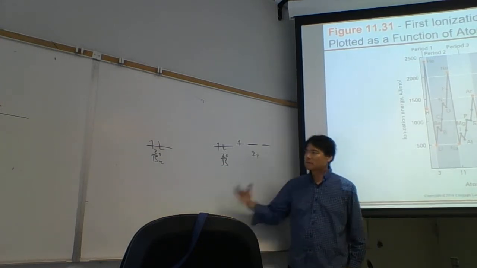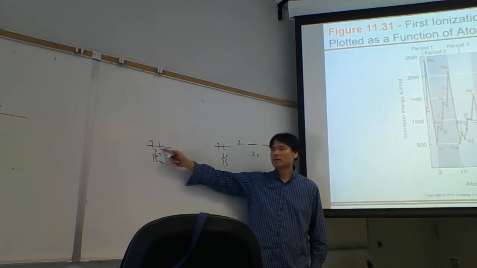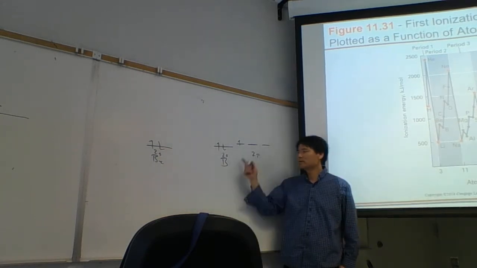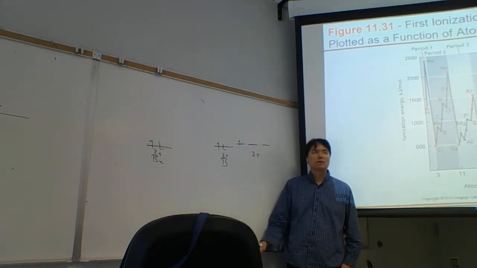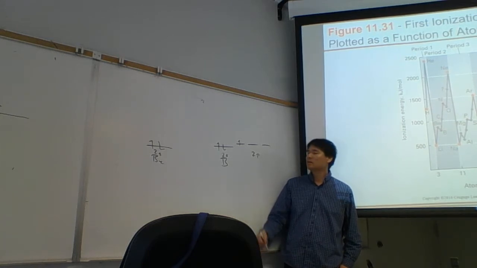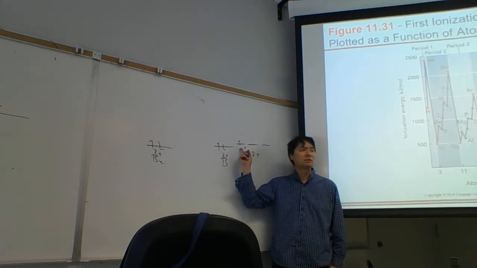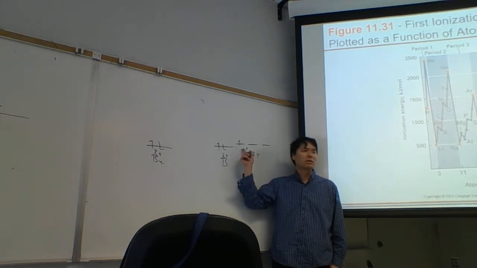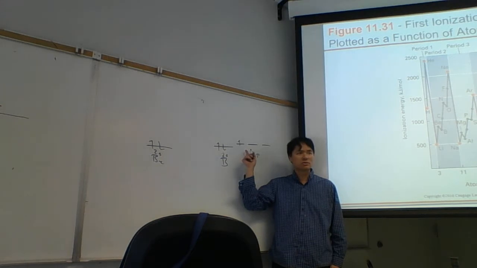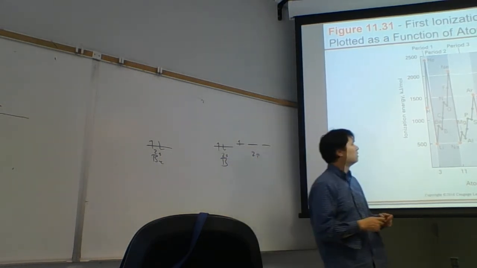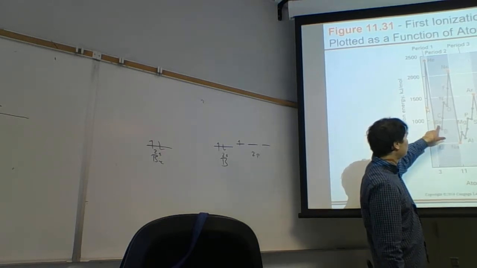So if an oxidizer comes along, it's going to pluck one of these 2s electrons off beryllium. But if an oxidizer comes along here, which one of these will be the easiest to remove? Well, on the one hand, this one because of pairing energy. On the other hand, this one because it's 2p. It's higher in energy. Turns out it's this one. And so a 2p electron's easier to strip off than a 2s electron. And so that's the exception we see here.